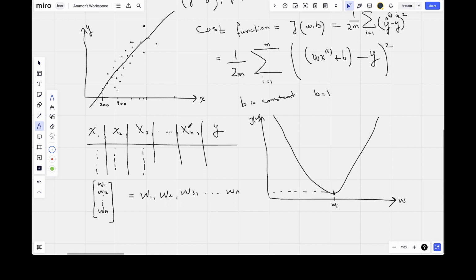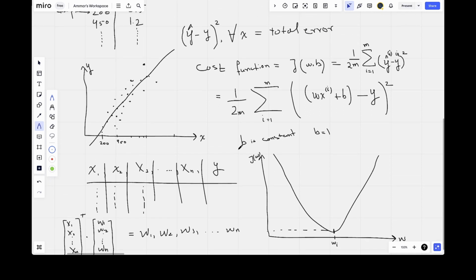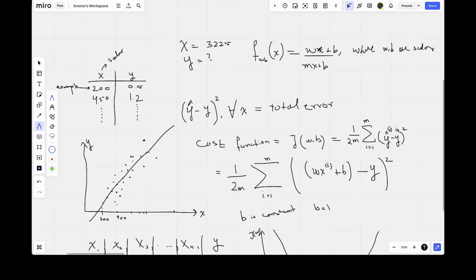We could write this as w1, w2, all the way up to wn. And we can also represent the input values as a vector x1, x2, all the way up to xn, but at the end I will take the transpose of it and then take the dot product, and this will be the same as wx, but instead of multiplication of two scalar numbers, you're taking the dot product and then adding on this b term, which is again a scalar number.